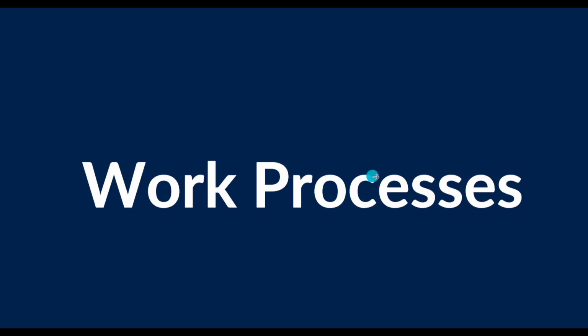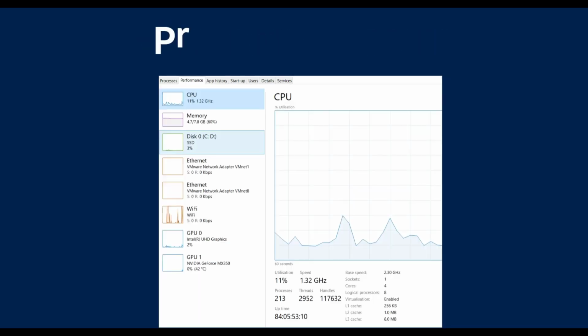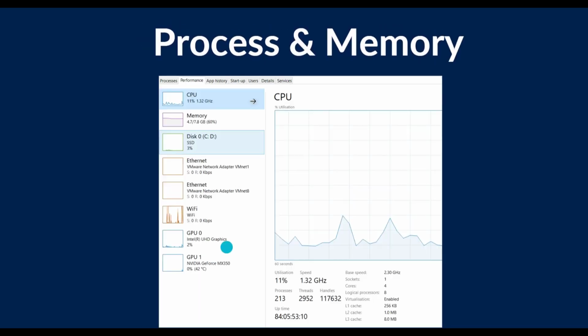The same as we have in SAP. I'm talking about Windows processes, like the ones already discussed. Next, the process depends on memory size. If you want to increase the processes, you need to increase the memory.